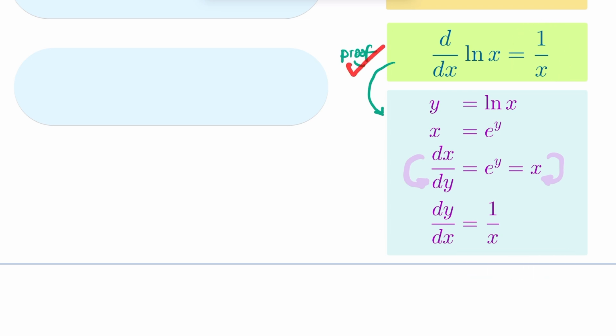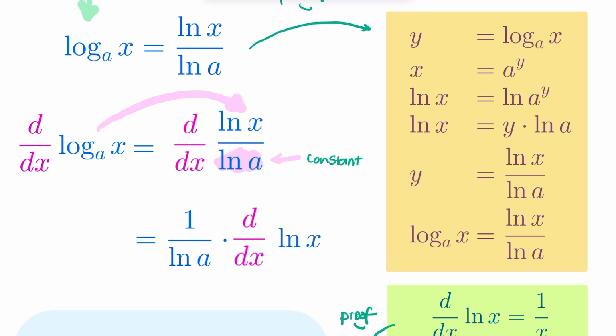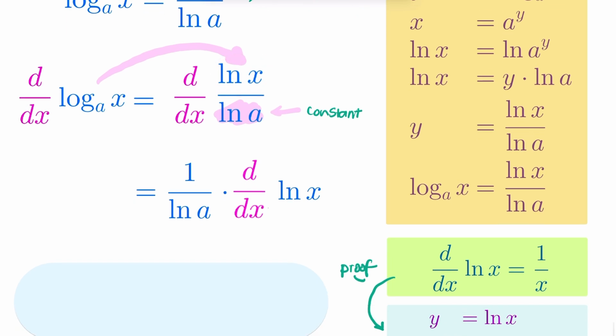So we've proved that. Now if we go back to our question, we were trying to differentiate that. We replaced that with a ratio of two natural logarithms. Now we know this is a constant, so we don't need to worry about it. And we know that the derivative of natural log is 1 over x.